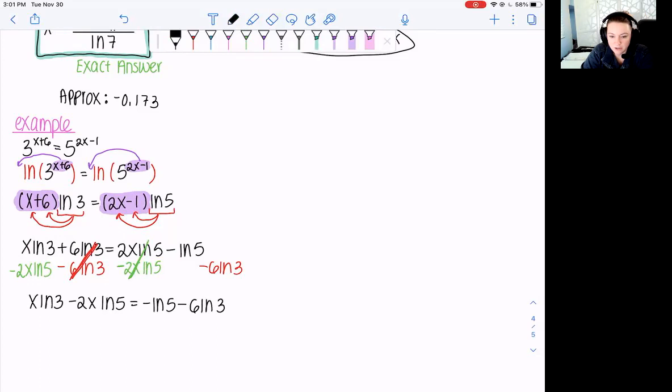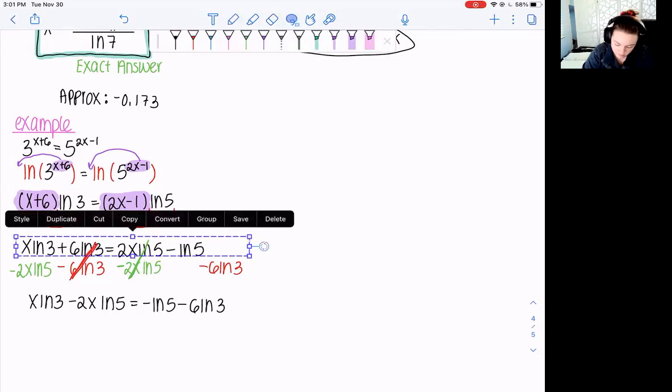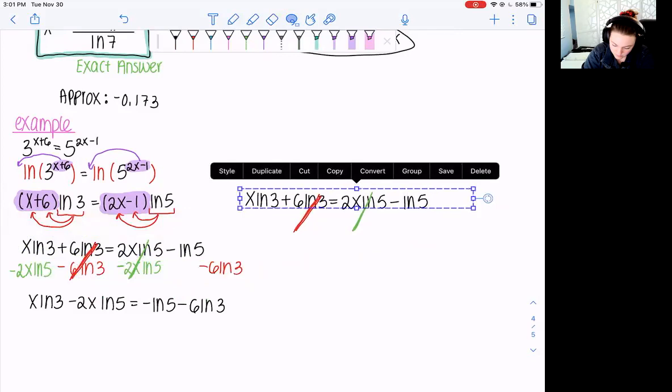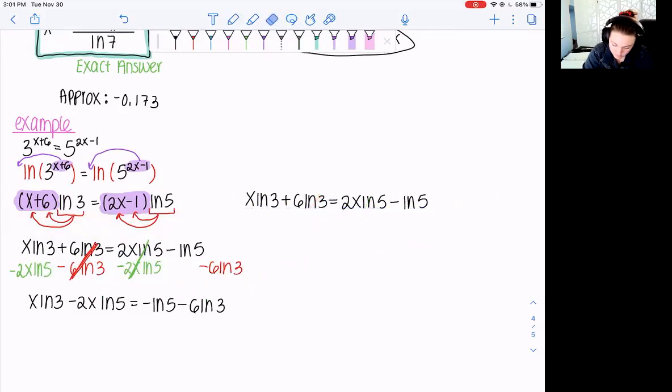I want you to take a moment and make sure that you agree and understand what's happening here. Essentially, you want this guy on the left, but he's already there. You want this one on the left, and he has to move.